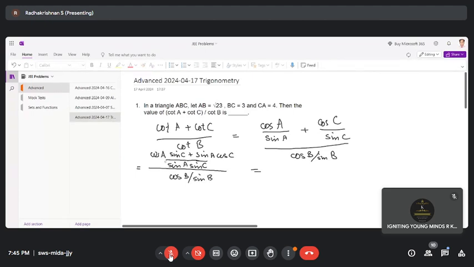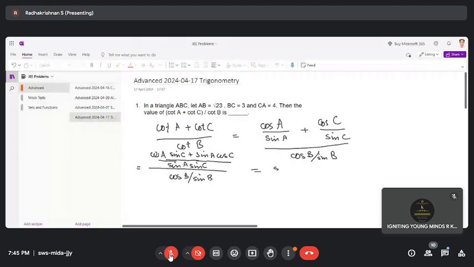So what is this, cos A sin C plus sin A cos C? Does it look familiar? Sin (A plus C). Very good.